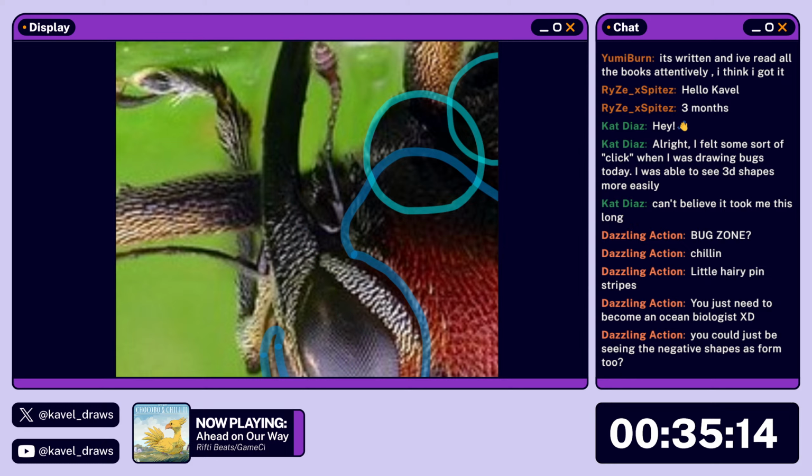Doing it in pen because I don't want to mess everything up. We kind of start up here. I mean, you can see the line happen.